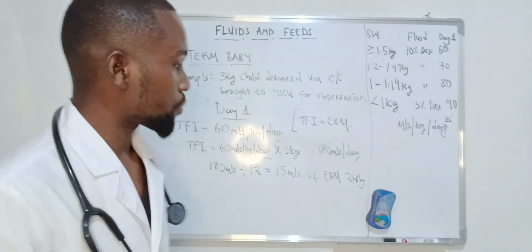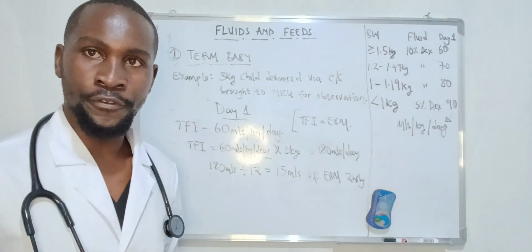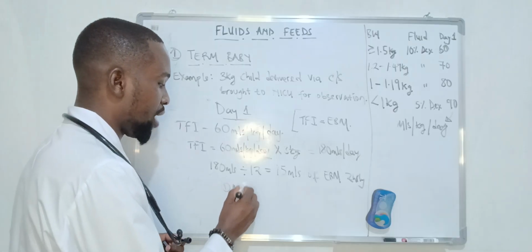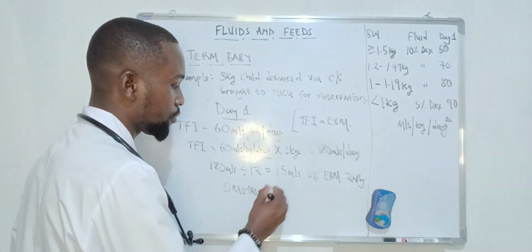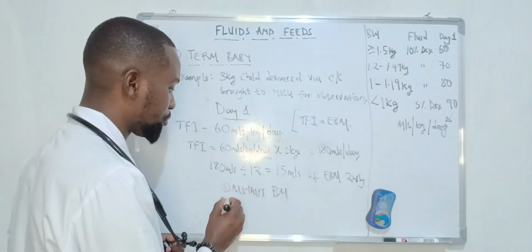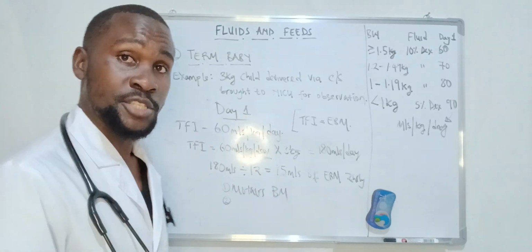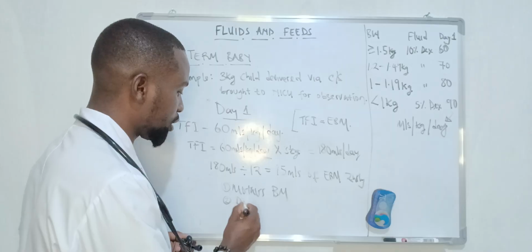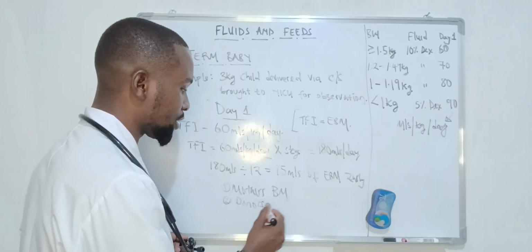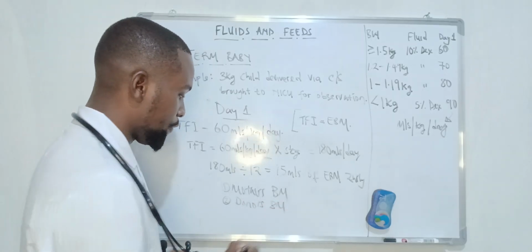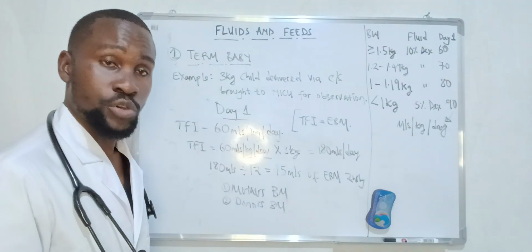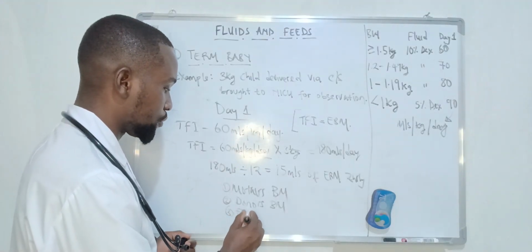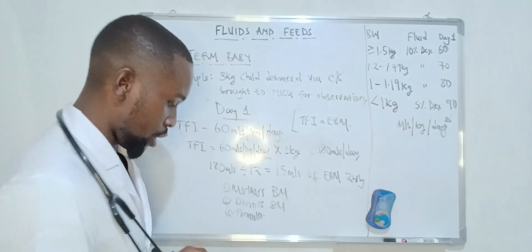Now, what type of feeds can you give this child? You can have mother's breast milk, which can be given as expressed breast milk, EBM. You can give donor's breast milk in a scenario where the mother is unable to give the milk, or you can give formula milk.